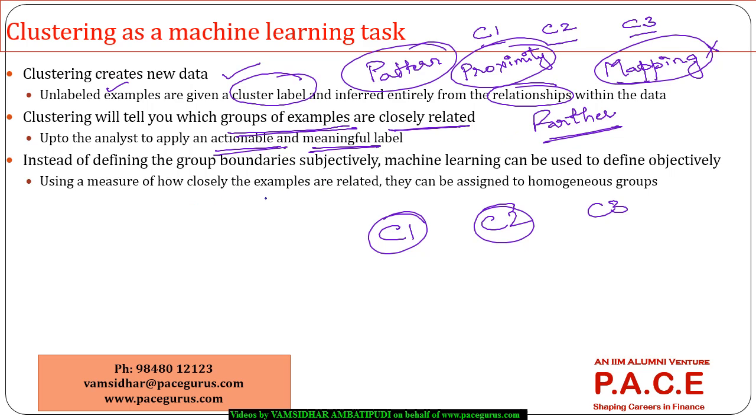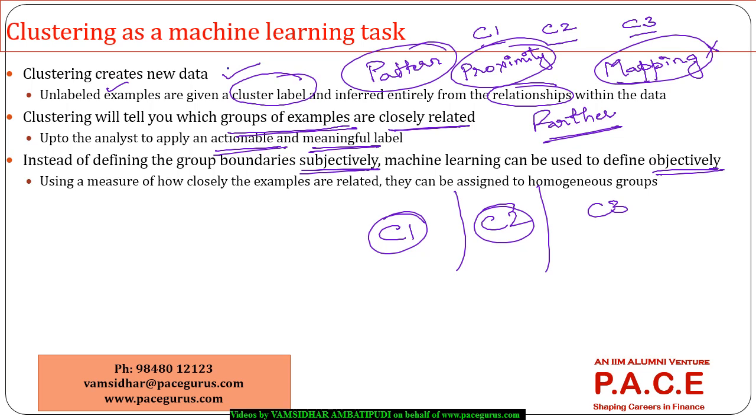So basically, instead of us doing the classification manually, instead of doing the groupings manually, which could have a lot of subjectivity, when I use machine learning to do this job, I expect that the grouping of the various elements into different groups happens more and more objectively, rather than with any subjectivity attached to it.